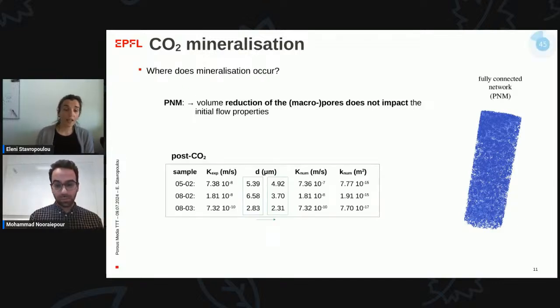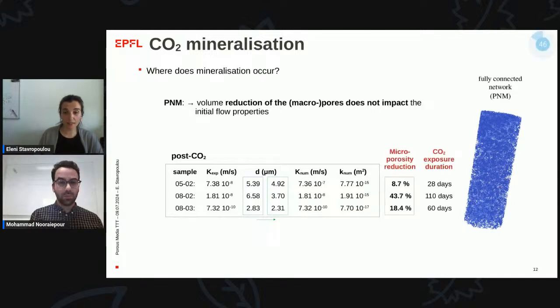On the contrary, to reproduce the post CO2 exposure results that we obtained in the lab, the only way to do it from this double scale model that we have is by reducing the micropores that we have added, and this can mean that we need to perform a reduction by as much as 43% in diameter, which is quite significant.